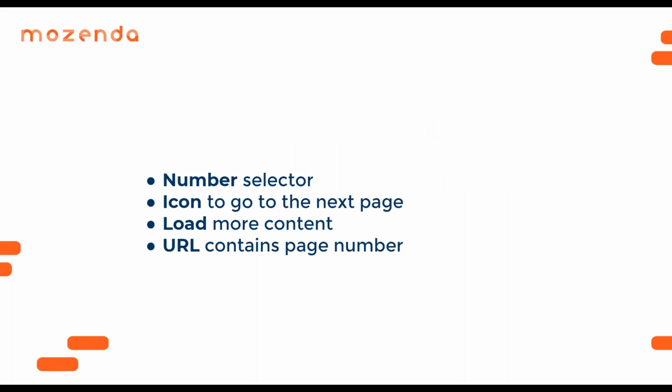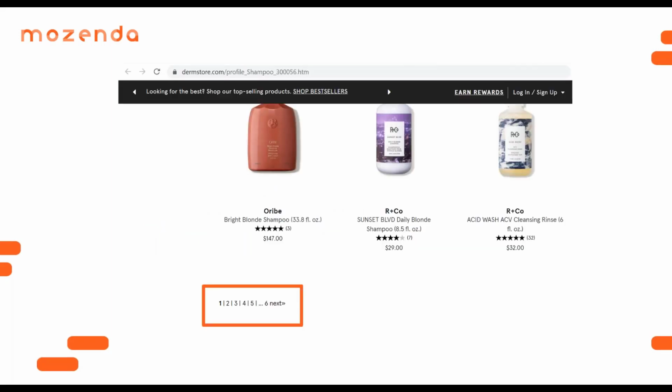There are so many different kinds of page lists that we can create. We can have numbers or icons, and one of my favorites is being able to navigate using the Load More button, where it doesn't create a new page, but it just loads more content. Here's an example of those.